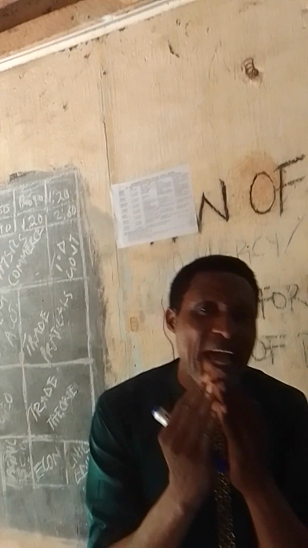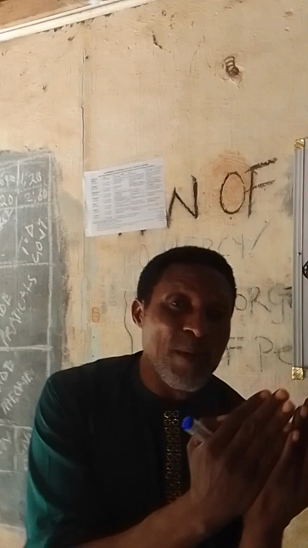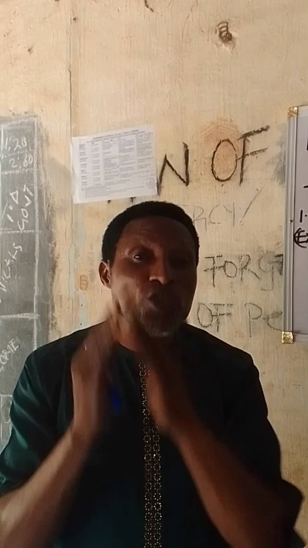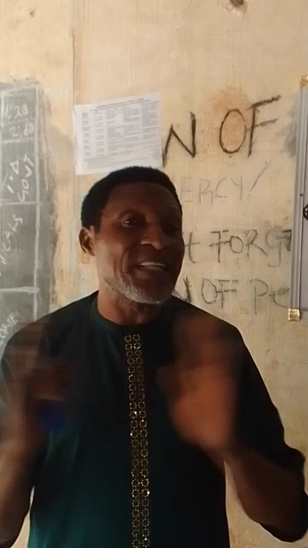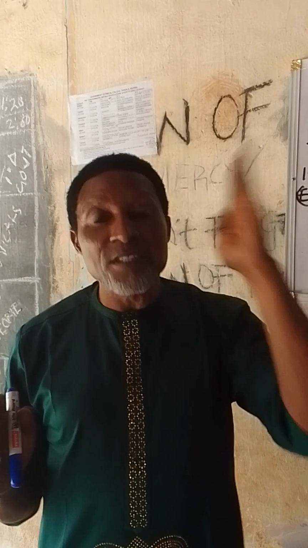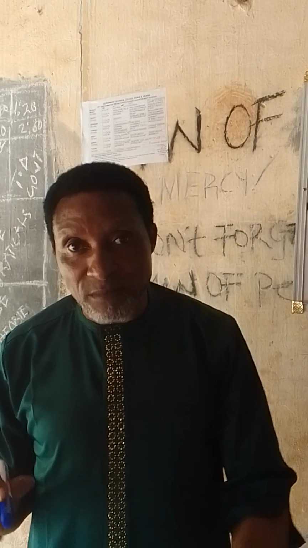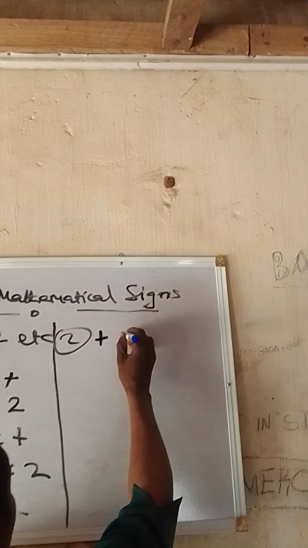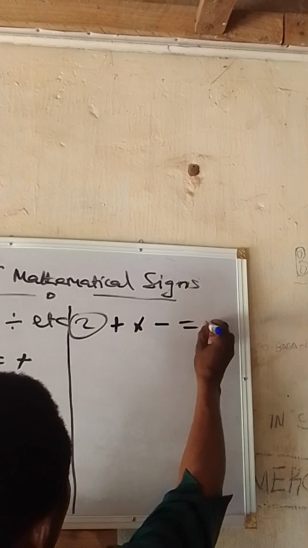So if numbers of different signs, that is positive or negative, are being multiplied, the result will be negative. If you are multiplying two numbers with different signs, the result will be negative. That is to say, plus times minus is equals to minus.